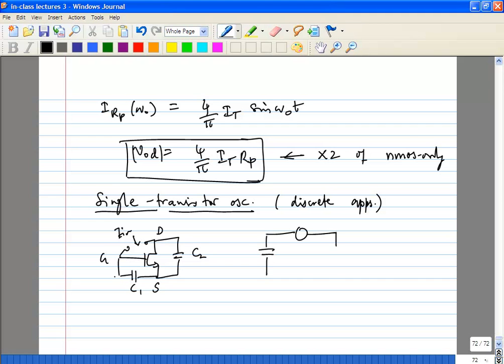So we'll put in the test source. Let's call this voltage V1, call this voltage V2. Obviously this is V1. Let's do it this way.